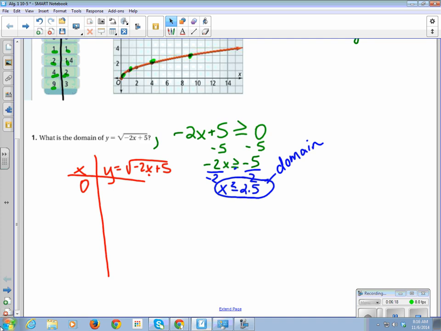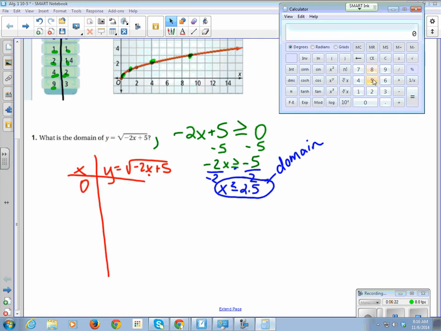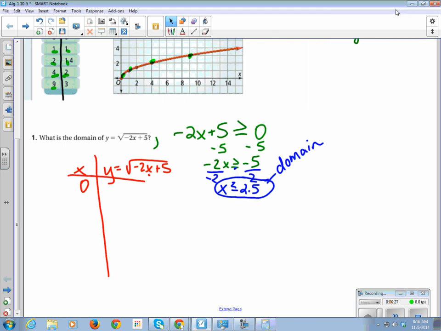And 0 plus 5 is 5. And just so I can give you an accurate, the square root of 5 is 2.23. All right, then let's do 2. And negative 2 times 2 is negative 4. Negative 4 plus 5 is 1, and the square root of 1 is 1.